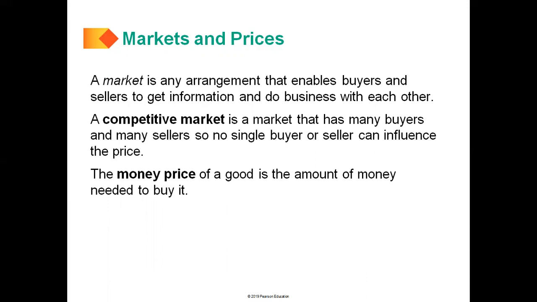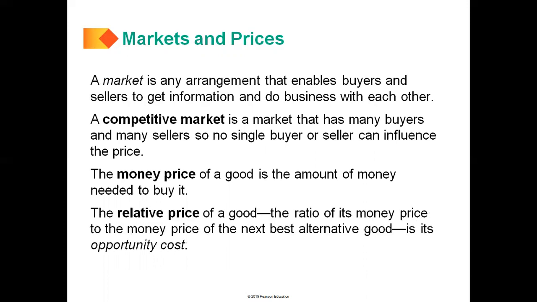And so the money price, money is a medium of exchange, but in some of these models, we've talked about giving up so much of another good or resource to consume an extra good of, or produce another good of something else. So the money price is where price in dollars or whatever currency is the medium of exchange. Okay, and then the opportunity cost is a little bit different, the relative price. So that's how we're making that distinction. I didn't see a question specifically testing your knowledge of this definition, but it's good to understand the difference.